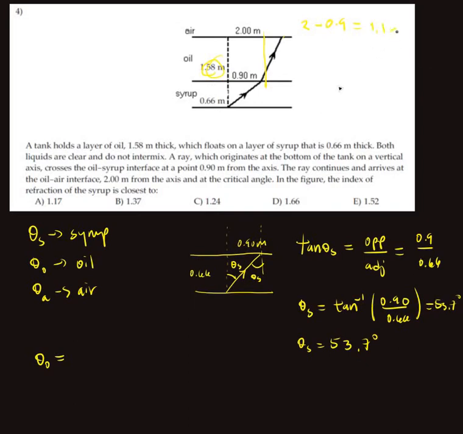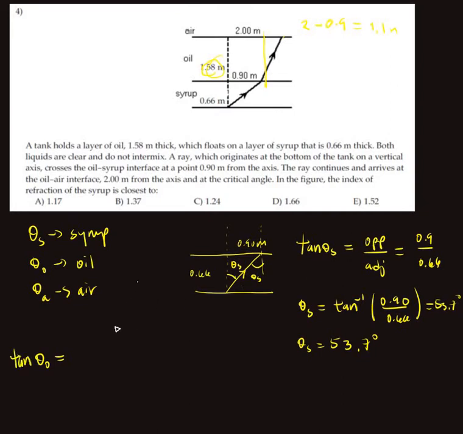So in order to find theta, we're going to use the same procedure. Tangent is equal to opposite divided by adjacent. Here the opposite will be the 1.1, which in the diagram looks much smaller than the 0.90, but again, this is just the diagram. We're using the real numbers. Let me write the whole thing again.